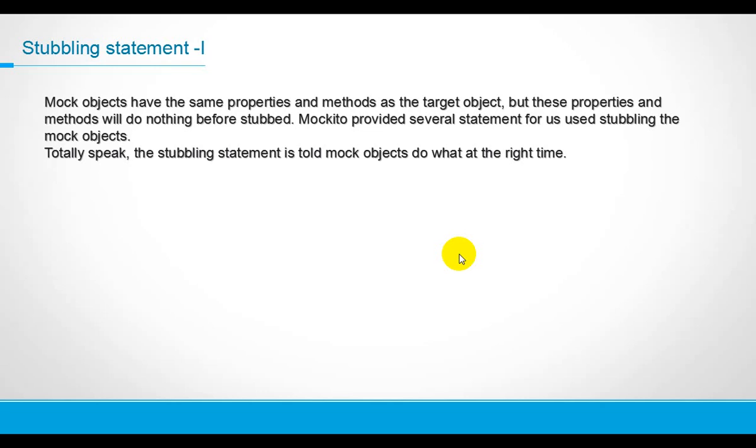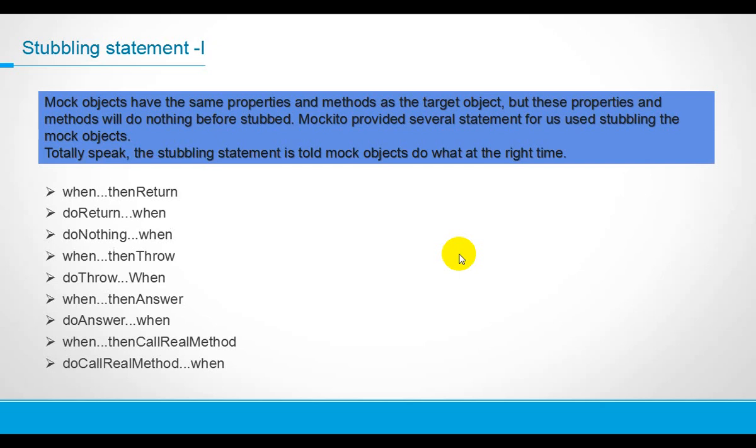Okay, that is my understanding. Mockito provides several statement styles, like you can see: when then return and doReturn when, doNothing when, and then throw, doThrow and when, thenAnswer and doAnswer when.